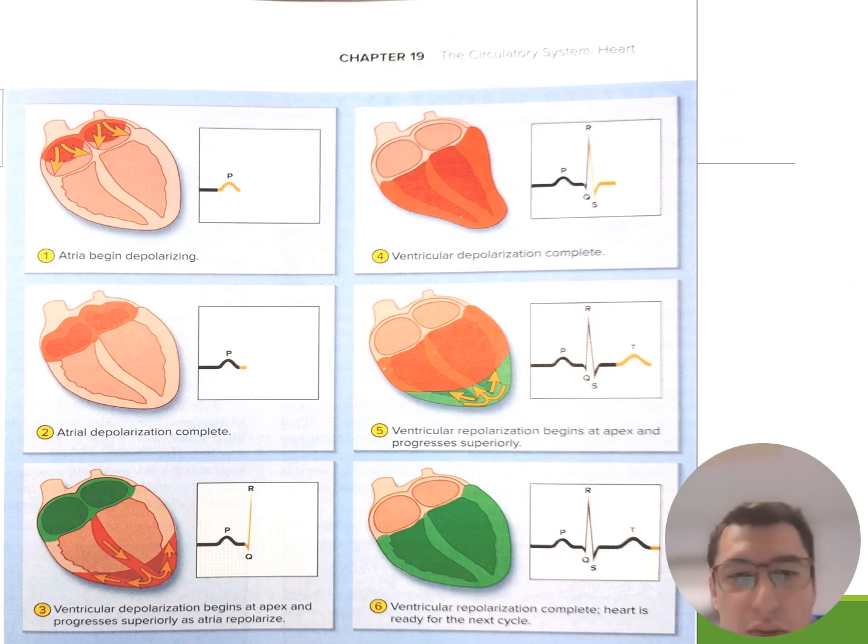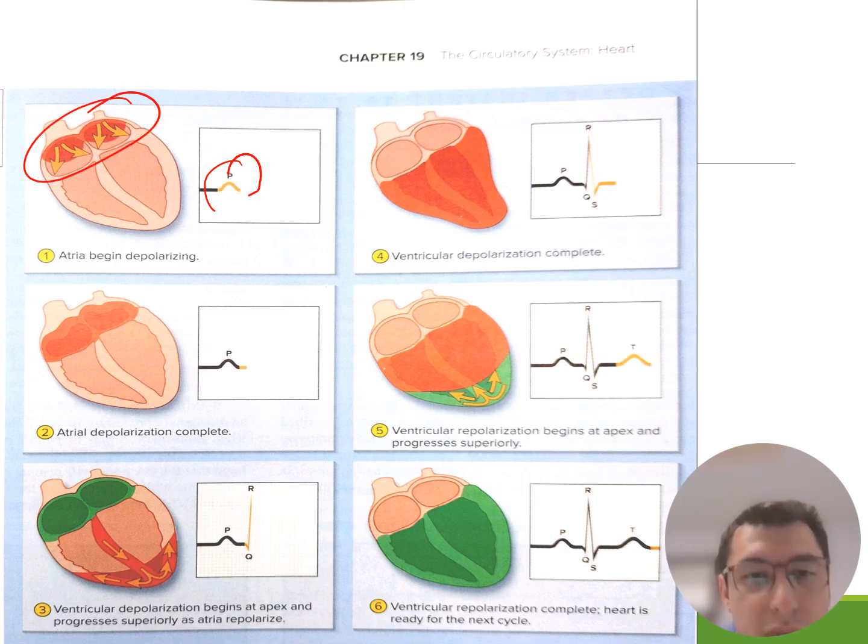I just wanted to recap about action potentials within the cardiomyocytes and how it is shown on your EKG. Remember that the P wave is related to the depolarization of the atria, which means that as we depolarize, we're contracting the atria. Once we finish that depolarization, we're going to start the relaxation of the atria.